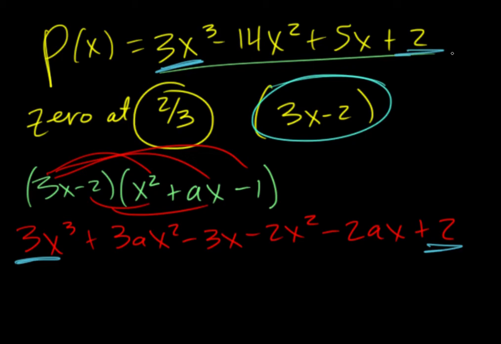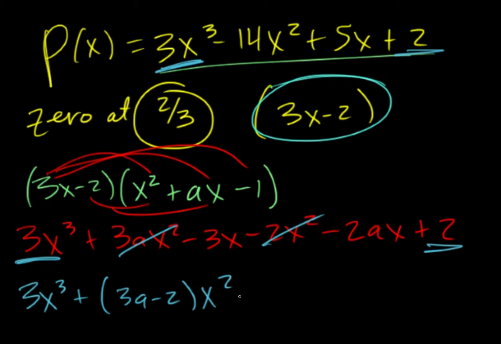And then we want to combine like terms. So as far as our x squared terms go, we have 3a minus 2. And then we have -3 minus 2a as far as our x term goes. And then we have our plus 2.